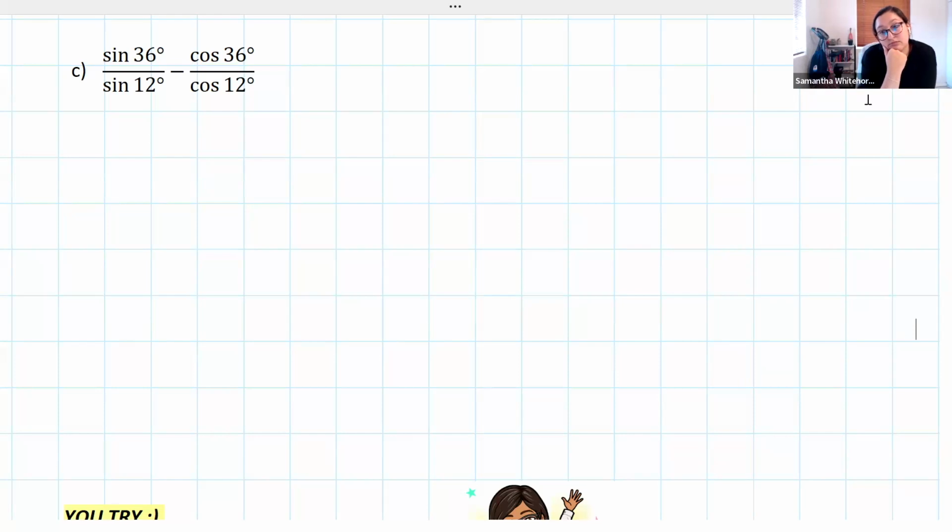Anyone? Okay, that's fine. We have to find an LCD. You have to have an LCD in order to add or subtract two fractions.